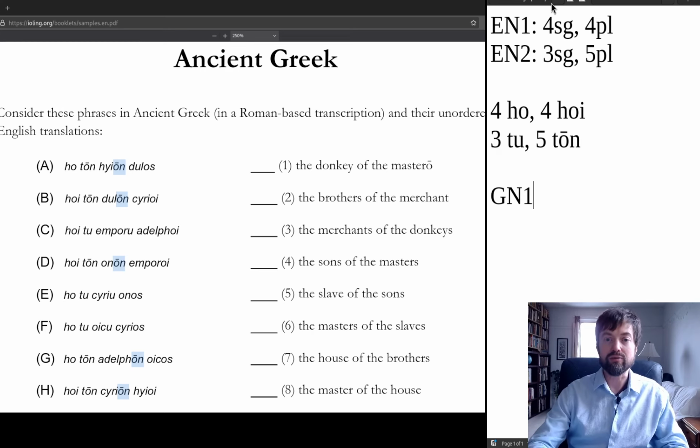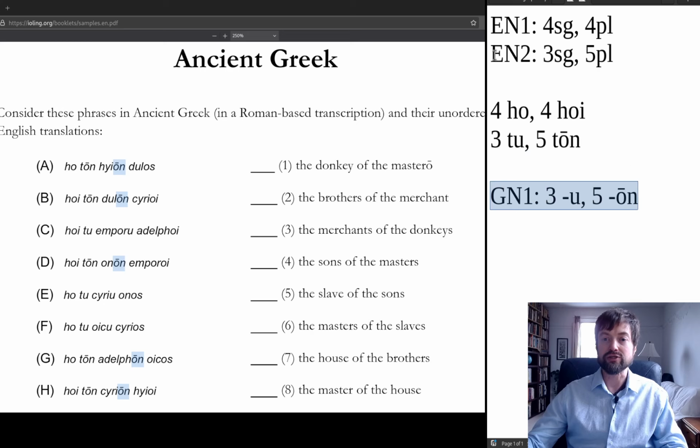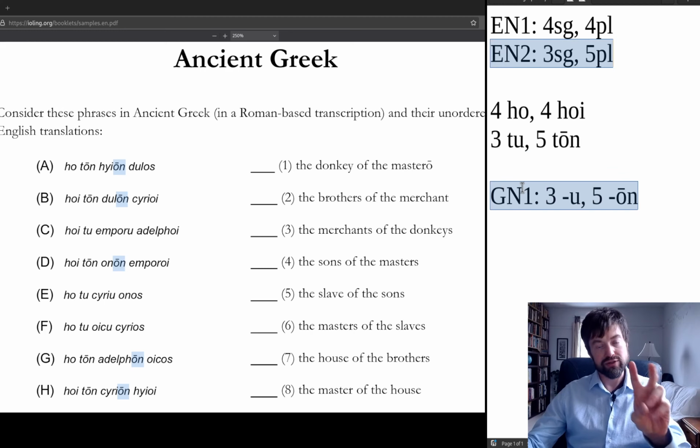So Greek noun 1 is 5 own, and I'll put it in the same order, with the 3 and the 5 for the singular plural here. So that is 3 oo. Put the little hyphen there to show that this is a word ending. Well, that's already very interesting because it appears like Greek noun number 1 is lining up with English noun number 2. So it looks like they're going to be switched.